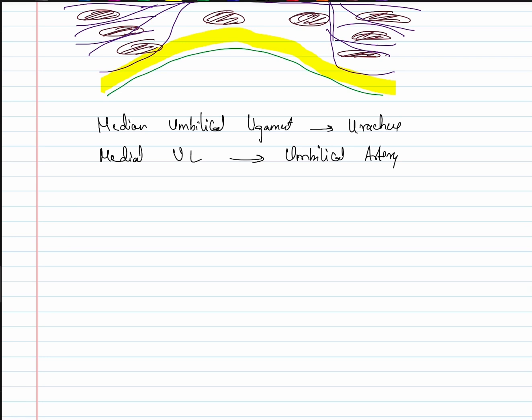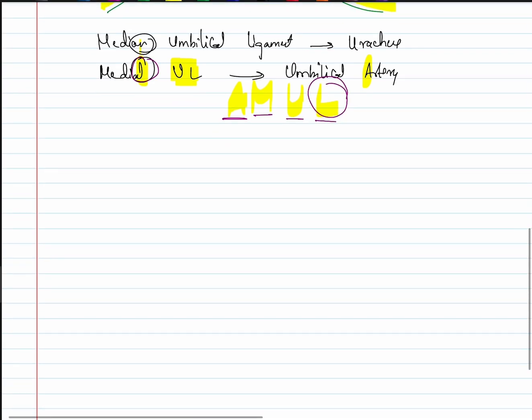How to remember this medial? So just remember, see, L is there and UL is there, A is there. So you can remember this by AMUL. So AMUL is for artery, medial umbilical ligament, L. Okay.